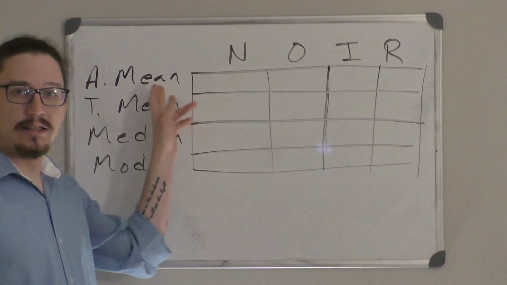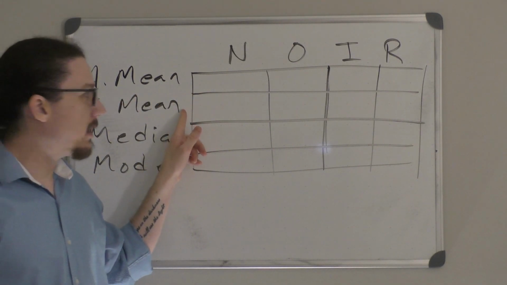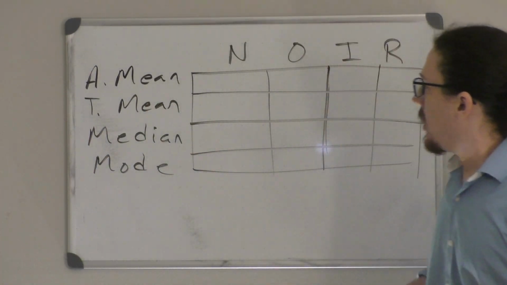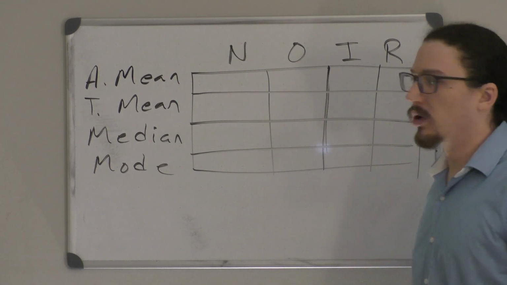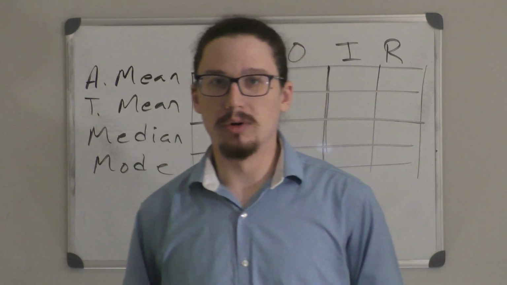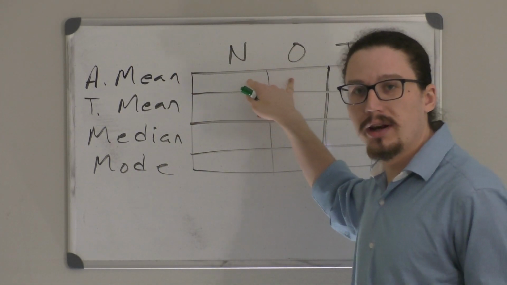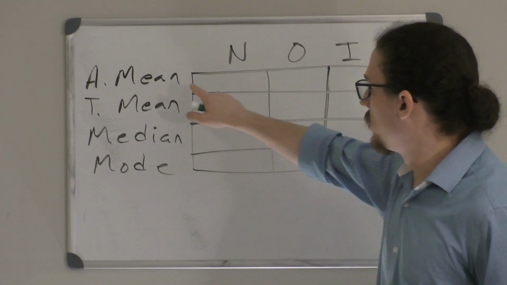When we are looking at our different levels of measurement, these are going to help determine which one we're using. If we look at, say, the arithmetic mean and the trimmed mean, it's not going to be appropriate to use nominal or ordinal data.